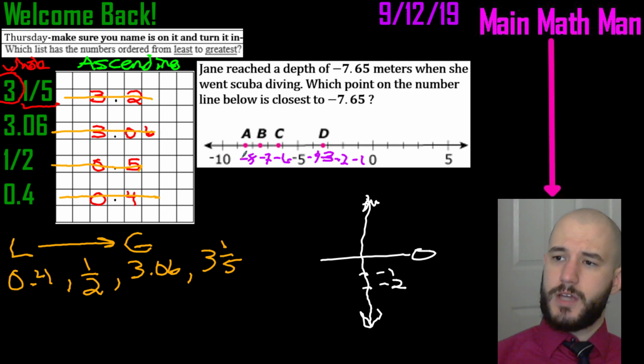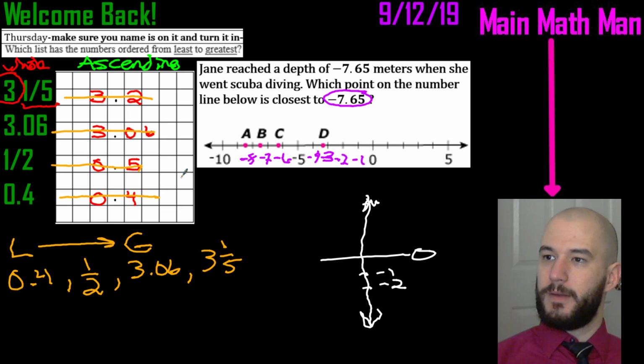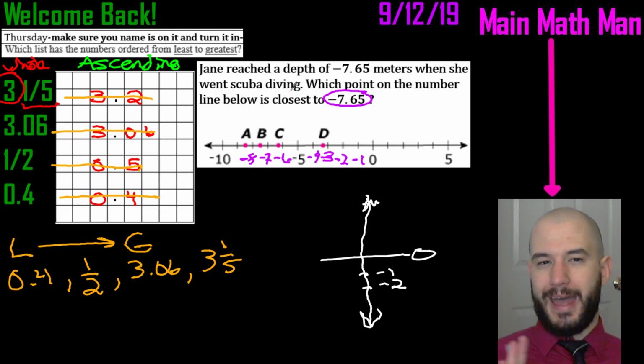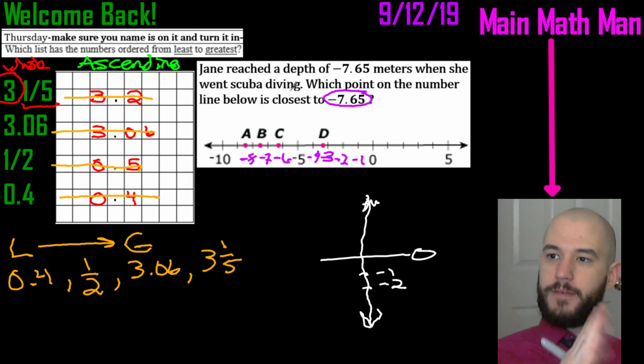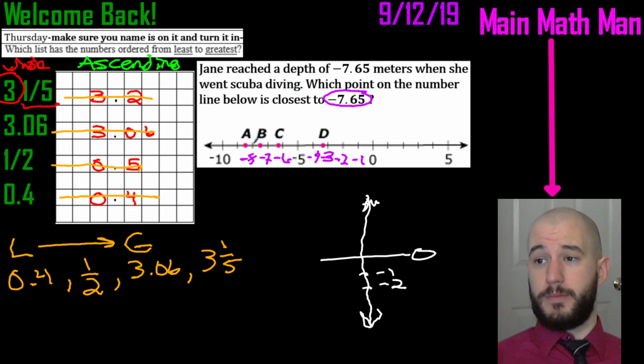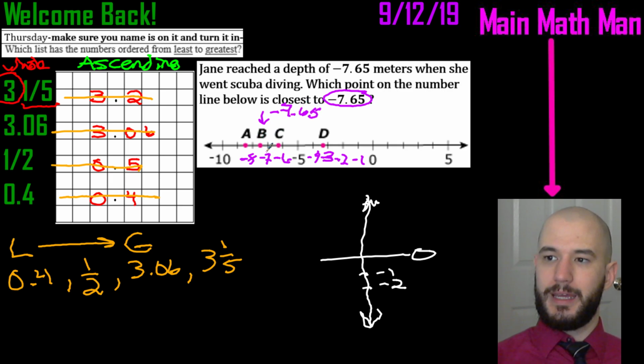Again, just take your time numbering those very carefully, because we're looking for something that is -7.65. So we have to go below -7. The only value that is in between would be this value here. So this B value here, that's going to be that -7.65. And that makes sense because it's between -7 and -8.